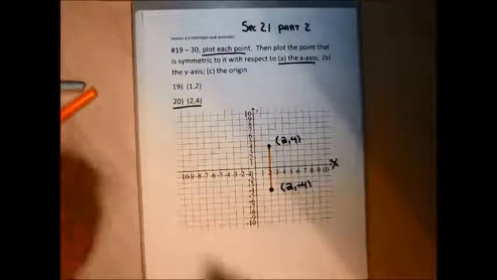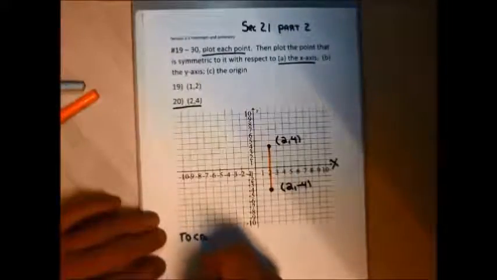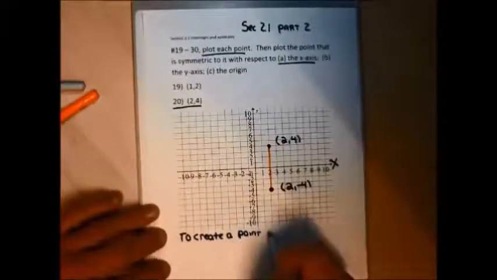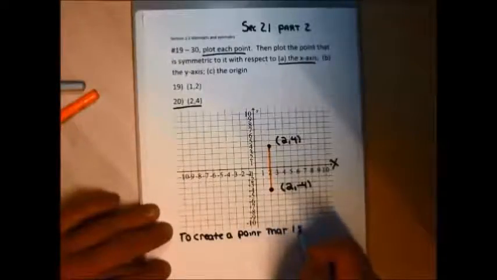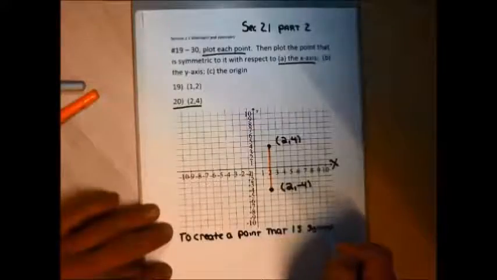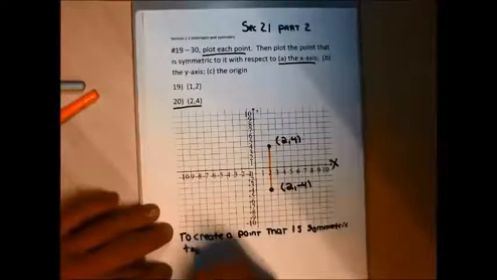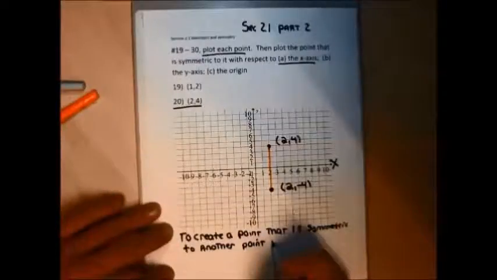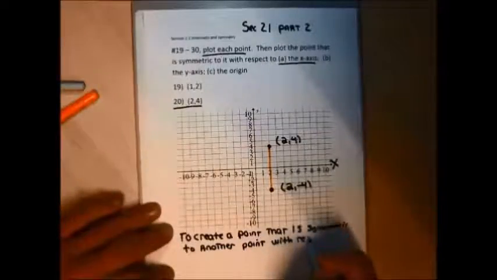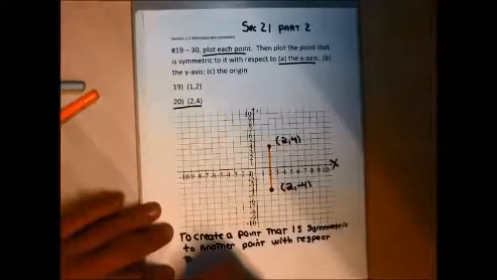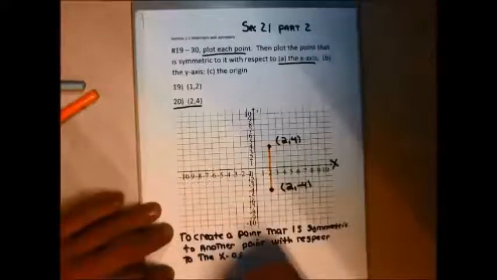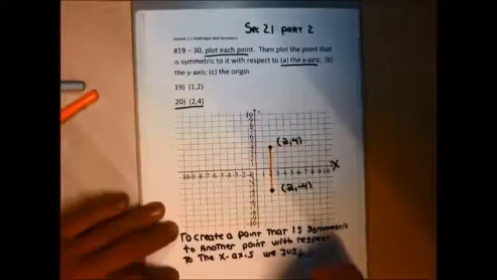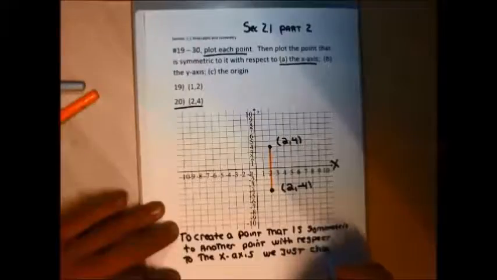So to create a point that is symmetric to another point with respect to the x-axis, we just change the sign of the y-coordinate. And we leave the x-coordinate alone.